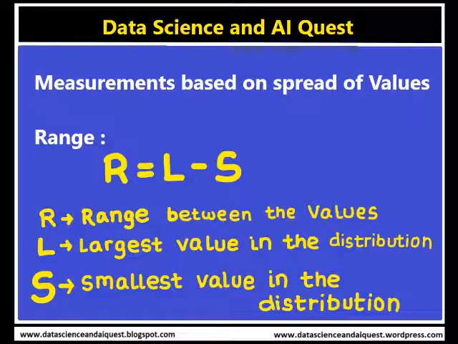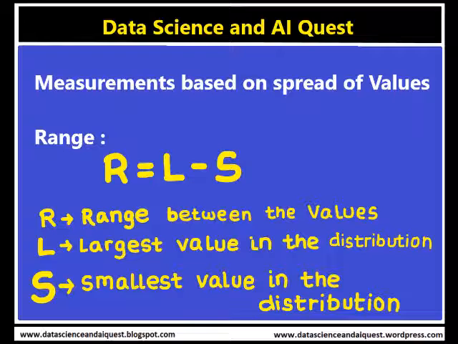Thus the range is given by the formula R = L - S, where again, R denotes the range between the values, L denotes the largest value in the given distribution class, and S denotes the smallest value in the given distribution class.